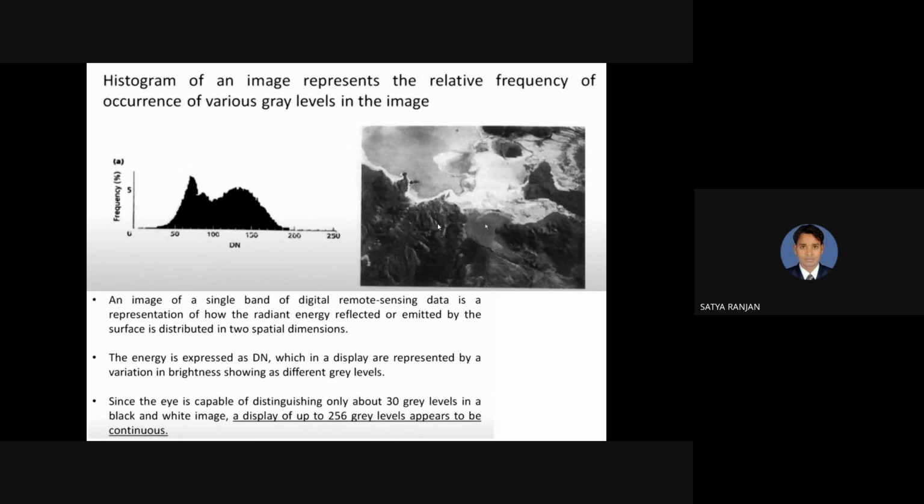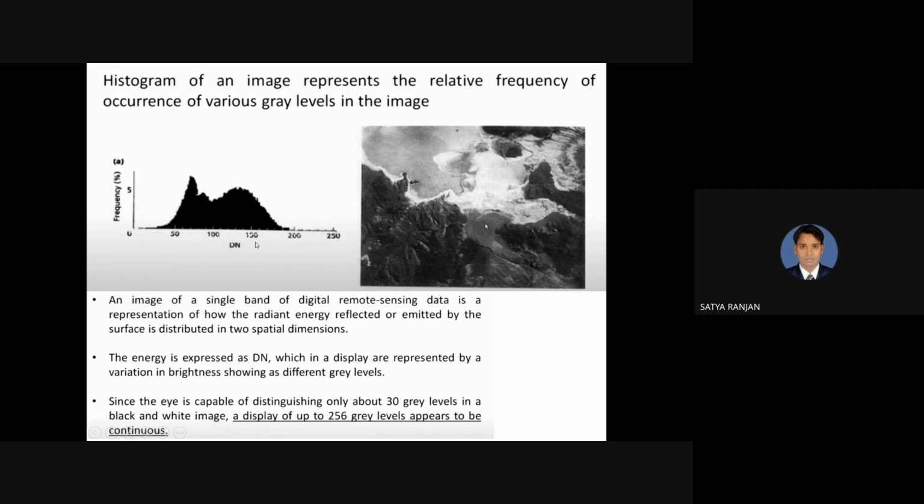When the brightness is low, nearer to black, then the DN value is low. So here is the frequency of the different gray levels, where the 50 to 70 DN value is very large in this area, meaning the black color is very dominant in these areas.